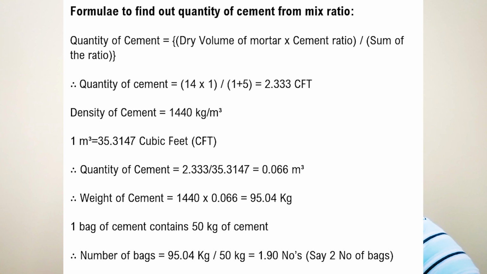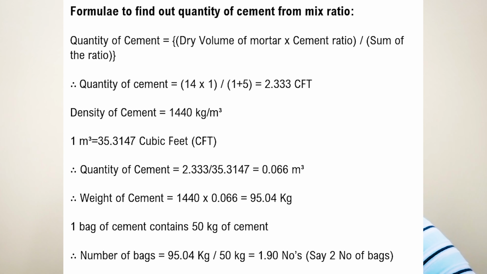Now we can find the quantity of cement easily by substituting this value in the formula itself. After substituting, we'll get 14 into cement ratio, that is 1, divided by sum of ratio, that is 1 plus 5. We'll get 2.333 CFT, which is the quantity of cement from the mortar.